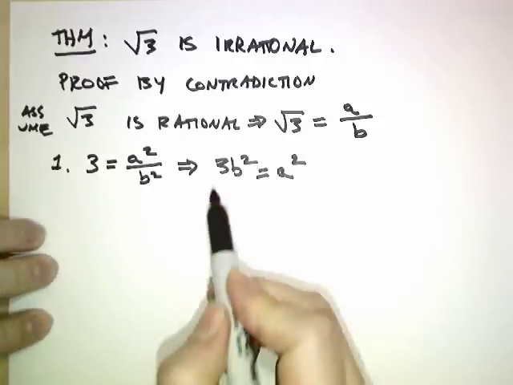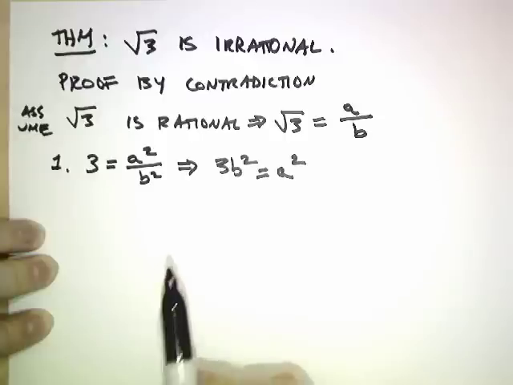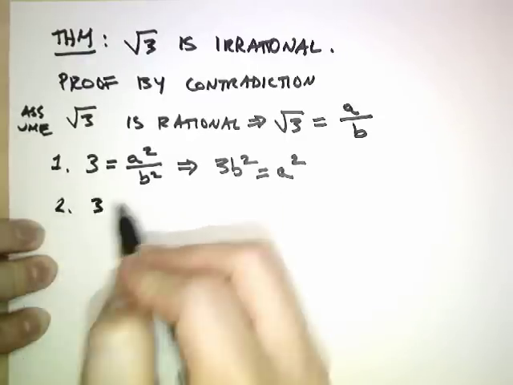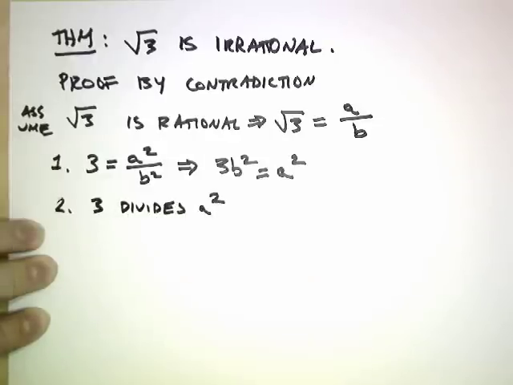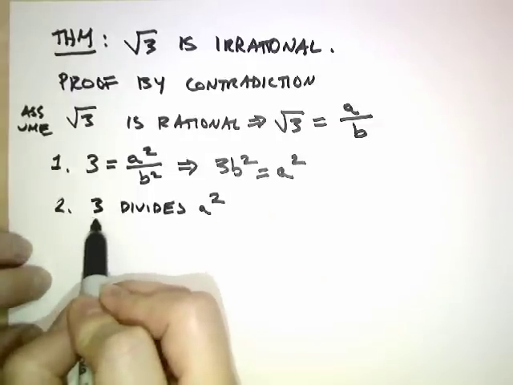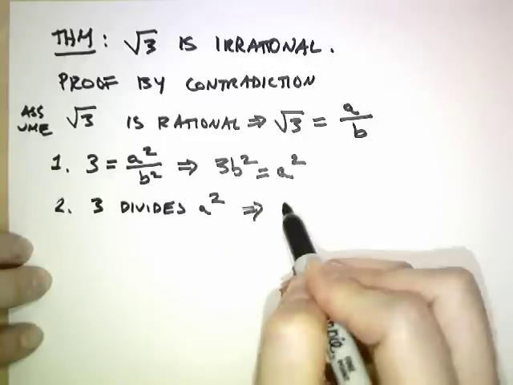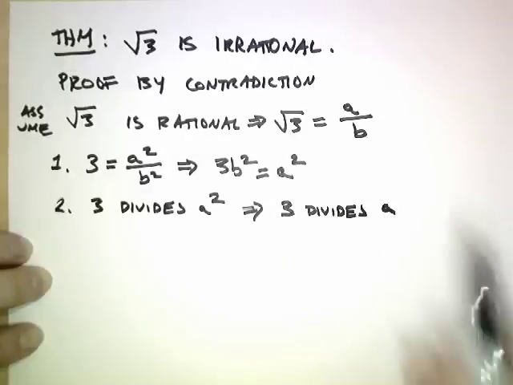So you can see that 3 here is a factor of a squared, right? 3 divides a squared. Now by the fact from the previous slide, since 3 is prime and it divides a squared, this implies that 3 divides a.